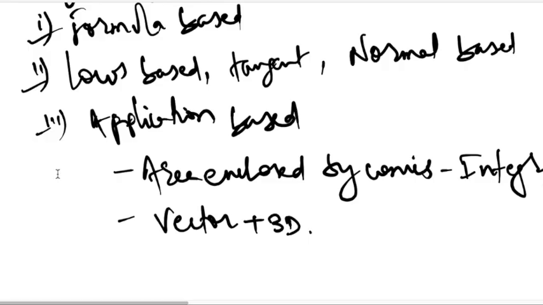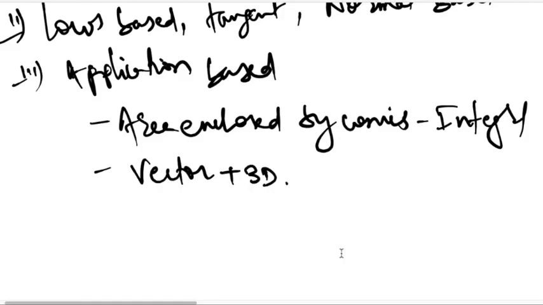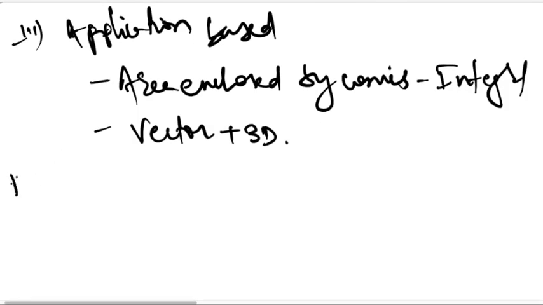If we go now to the definition of this conic section, how do we define it? Definition: it is a locus of a point that moves in a plane such that its distance from a fixed point to its distance from a line is in some constant ratio.